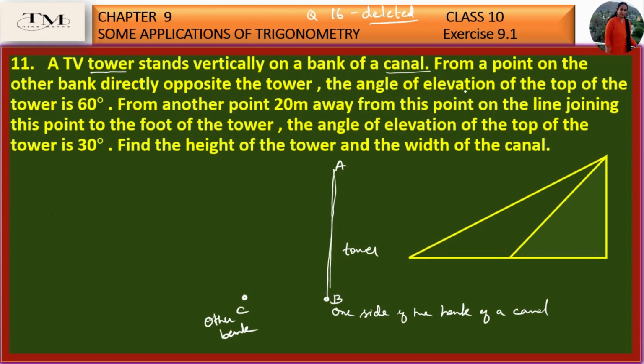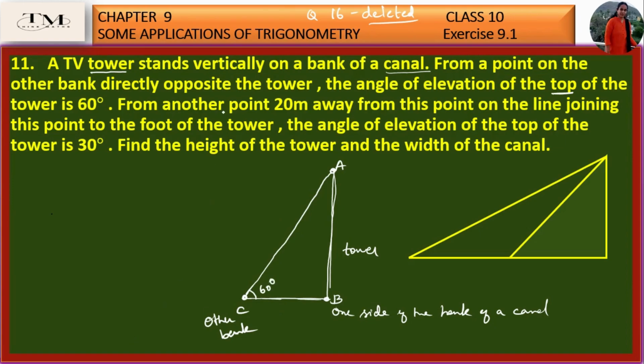The angle of elevation of the top of the tower is from C to A. If it is elevation, the horizontal line will be below the angle of elevation. So this is the angle of elevation, and its angle of elevation is 60 degree.